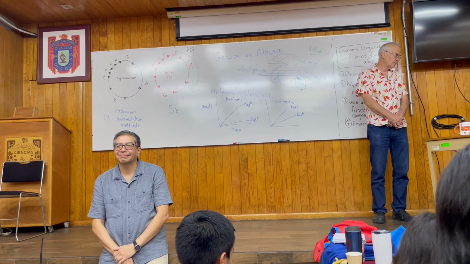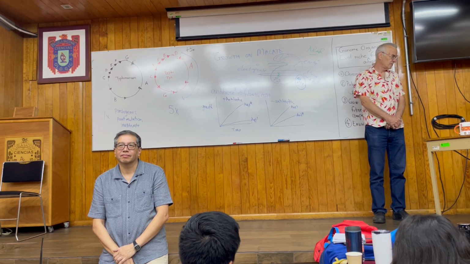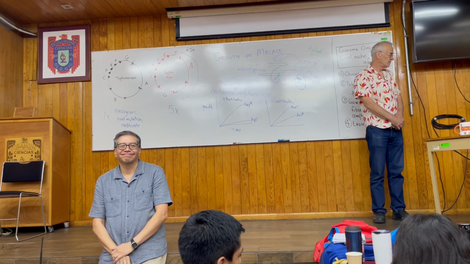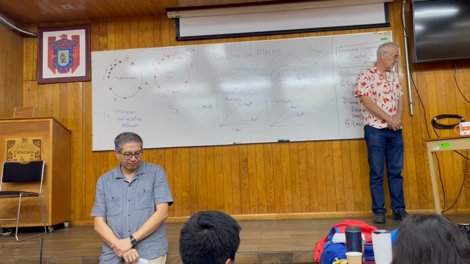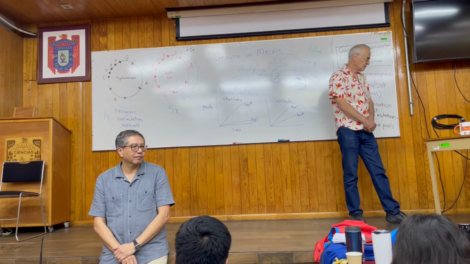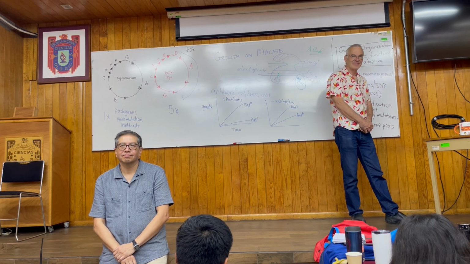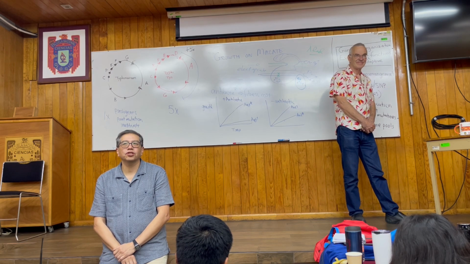I don't know of any that is a virulence factor. I know of cases where I can say theoretically that would happen, but I don't know of any. But that's just the amount of knowledge in here. More questions?